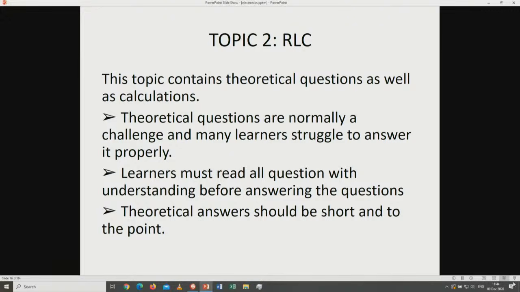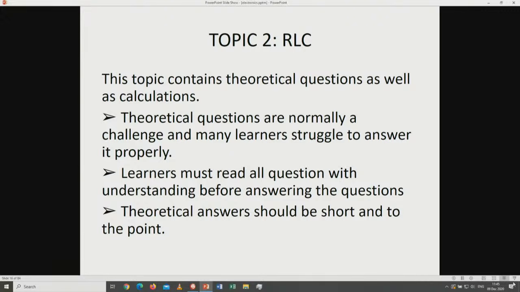The problem with this question is that learners tend to focus more on calculations, and theory of this type of question is as important as the calculations, because at times understanding those calculations will give you the theoretical answer that you might need. So theoretical questions are normally a challenge, and many learners struggle to answer them properly.